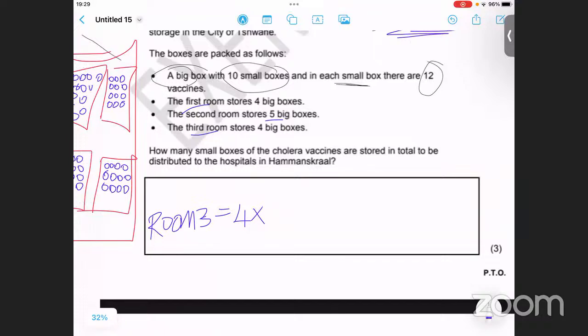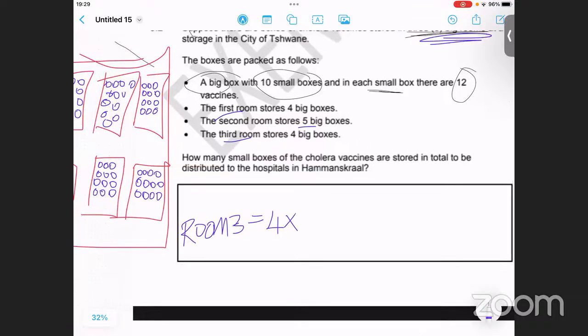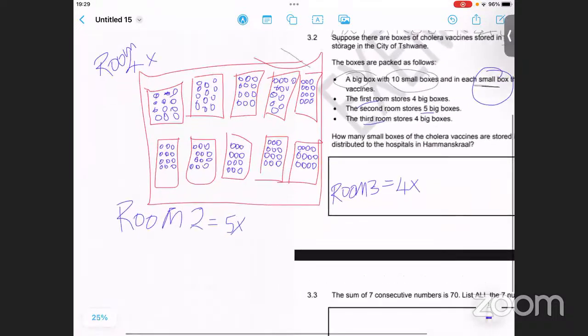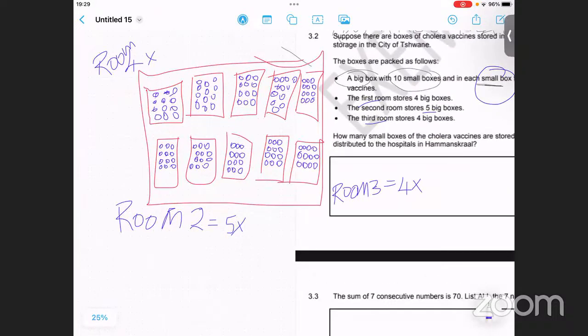So they want to know the number of small boxes, not how many vaccines. How do you guys think we're going to calculate for this? Butali, how do you think we're going to calculate for this?